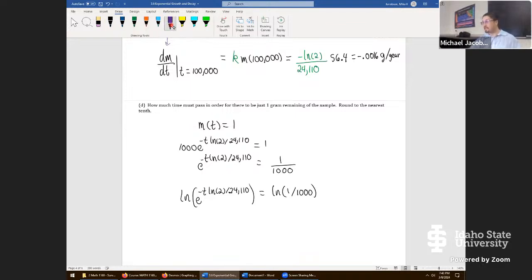Then we always anticipate this cancellation. And so it's a foregone conclusion that you are going from this line right here down to this line: negative t natural log 2 divided by 24,110 equals natural log 1,000.